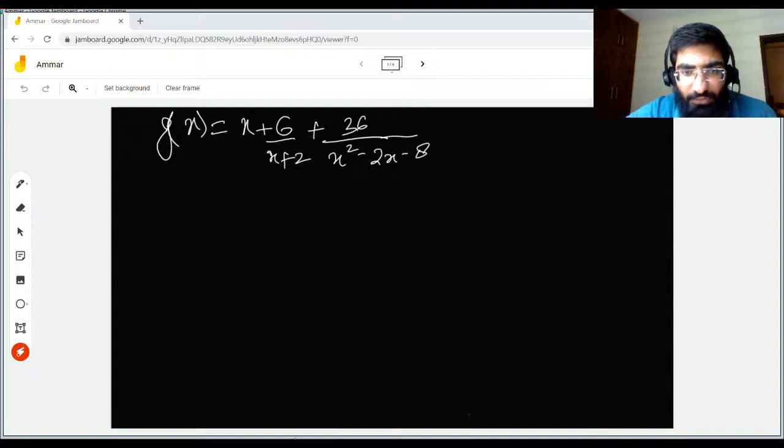I'll have to break up the second one, x squared minus 2x minus 8. Since I've already got one factor x plus 2 in the other denominator, it's a hint that the next one will also have x plus 2.